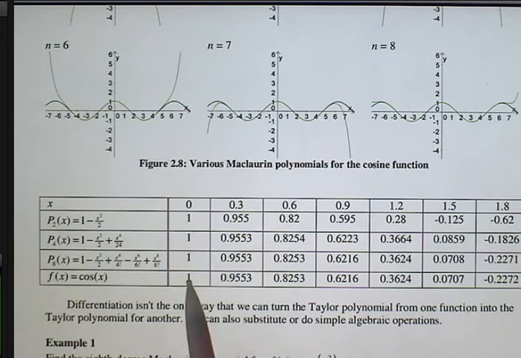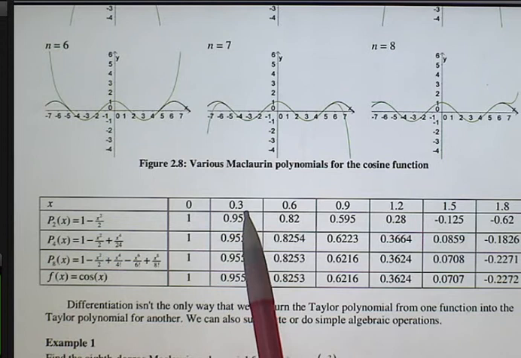The actual answer is 1, and you get 1 for all of these. At 0.3, so now we're getting a little bit farther away from 0, you can see that the actual value is 0.9553. And then for the 8th order, it's exactly the same. The 4th order, it's exactly the same. But then for the 2nd order, it's slightly off.